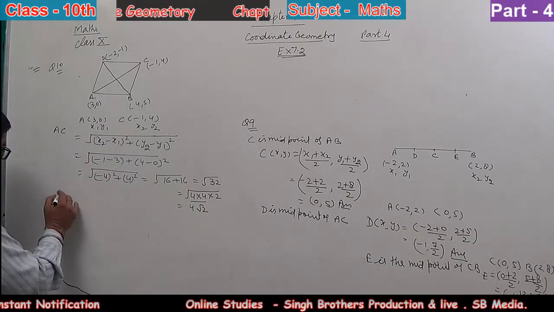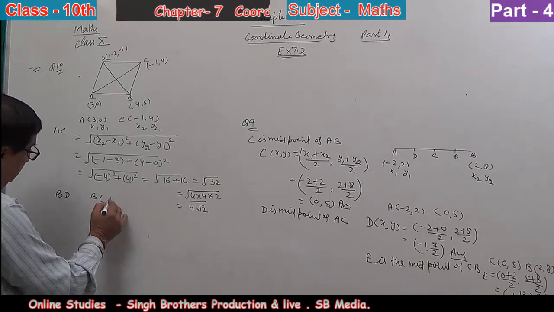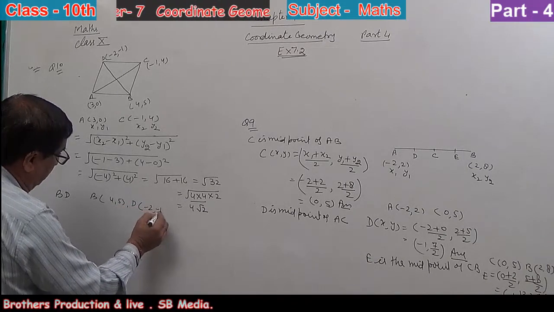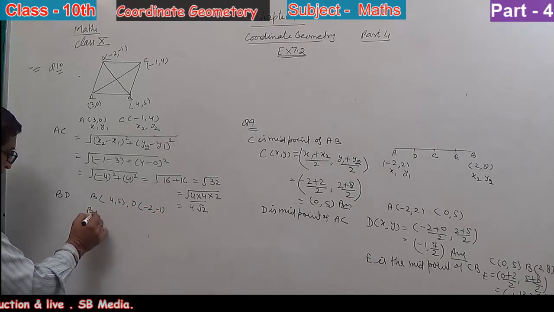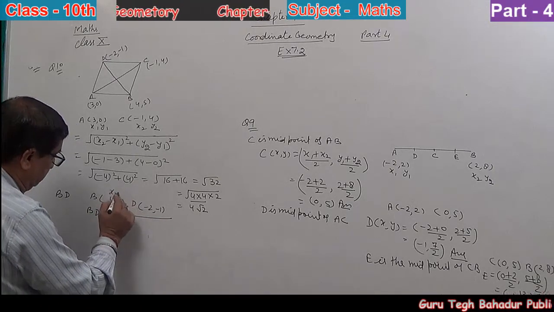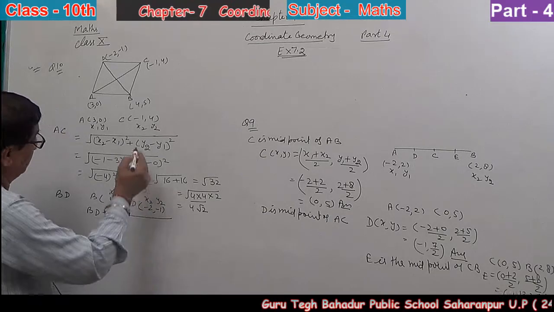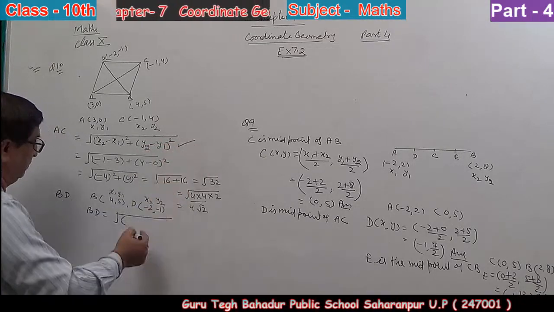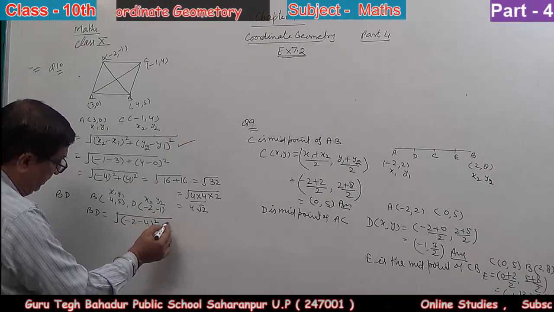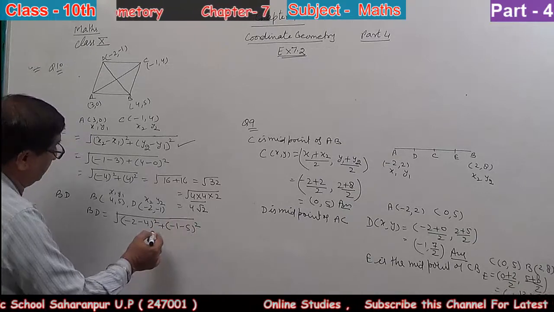Now find out BD. B is (4, 5) and D is (minus 2, minus 1). BD is the same formula, x1 y1, x2 y2. Apply the same formula: (minus 2 minus 4) whole square plus (minus 1 minus 5) whole square.